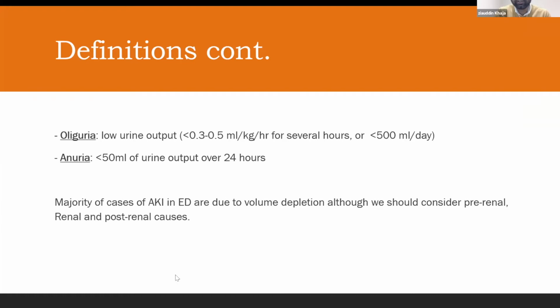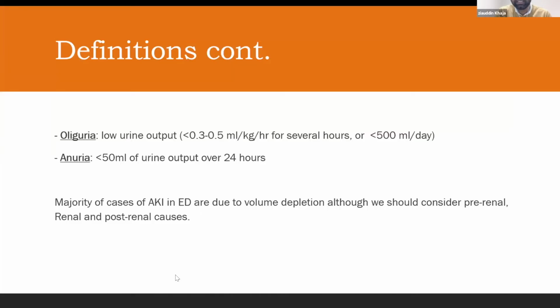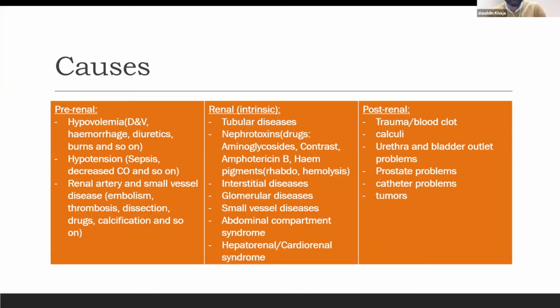Here, it will be important to consider what might be causing this. An easy way to segregate this would be pre-renal, renal, and post-renal causes, which we're going to look into now. As you can see, there are many causes, especially with pre-renal.